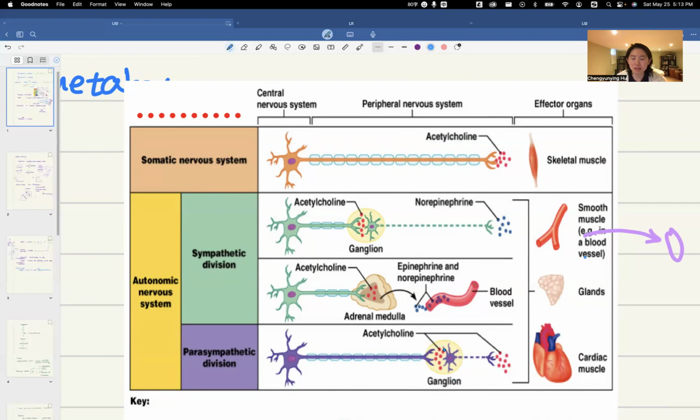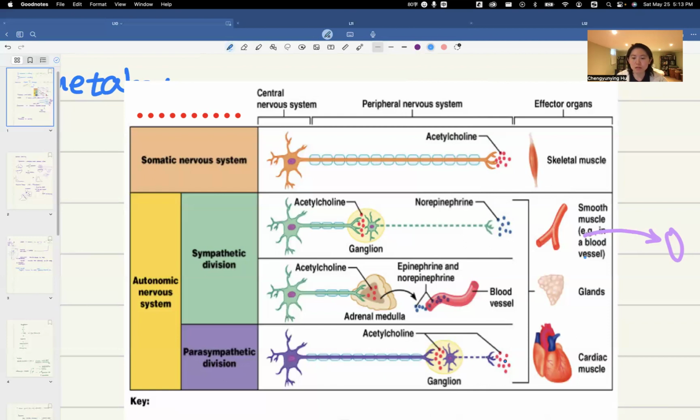It's the nicotinic. We always want excitatory. We want the message to be passed on. So it's nicotinic here. And this second order neuron releases acetylcholine, which makes this second order neuron also a cholinergic neuron.